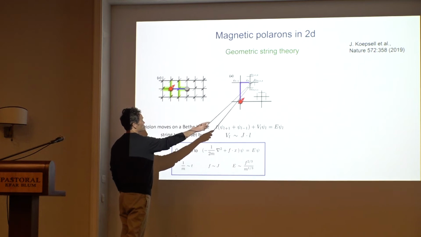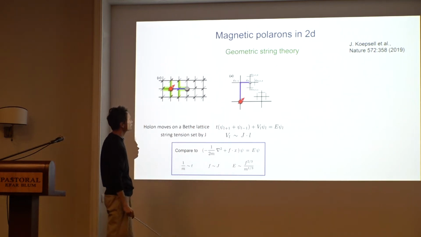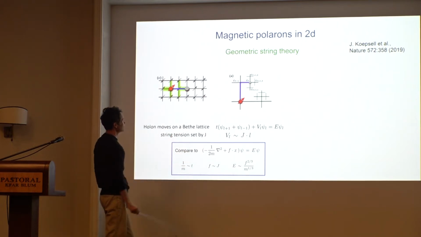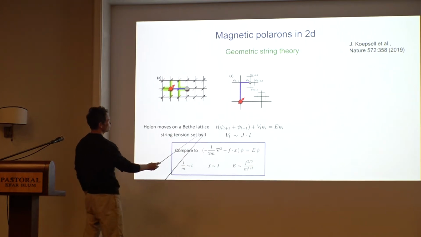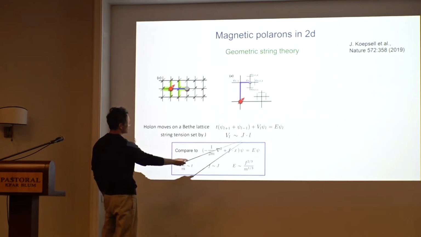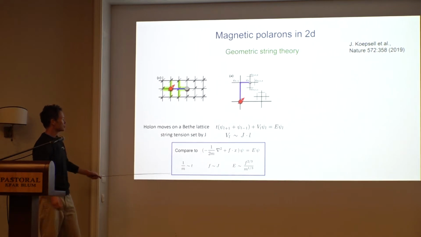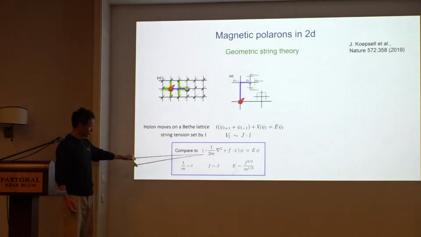So if I choose a certain point, it corresponds to a certain way the hole moved, and therefore a very specific string that's left behind. Then what we have to do is just solve a tight binding problem on this Bethe lattice in the presence of a linear potential. It's a generalization of what you obviously remember from your undergraduate quantum mechanics class. It's like a particle in an electric field.